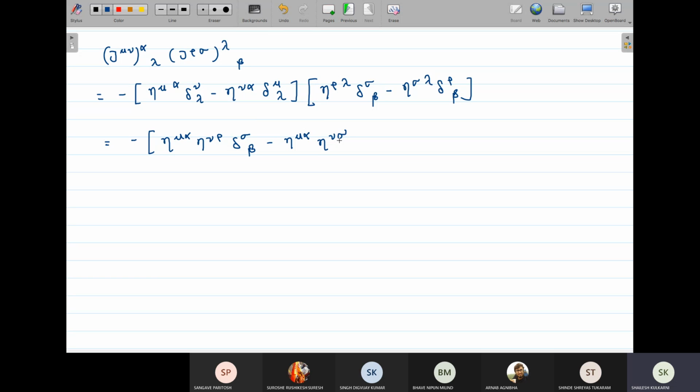It doesn't matter whether I write eta nu sigma or eta sigma nu because it is symmetric, delta rho beta, minus eta nu alpha, eta rho mu, delta sigma beta, plus eta nu alpha, eta sigma mu, delta rho beta. Okay, so this is the product of these two.